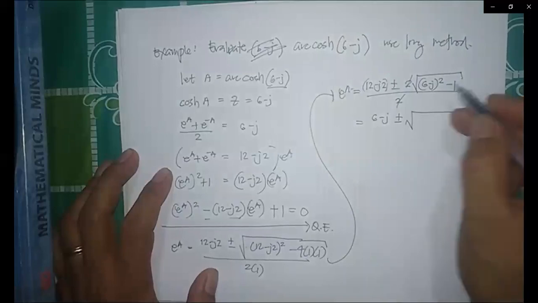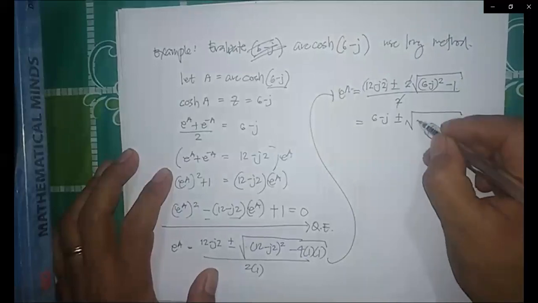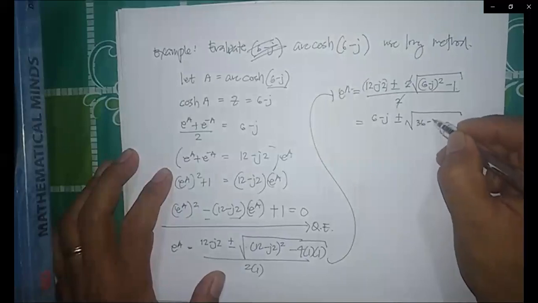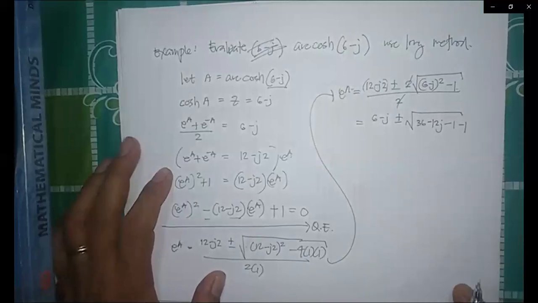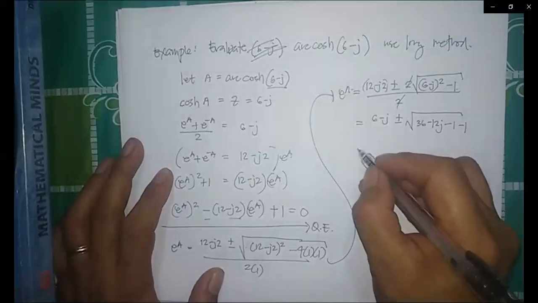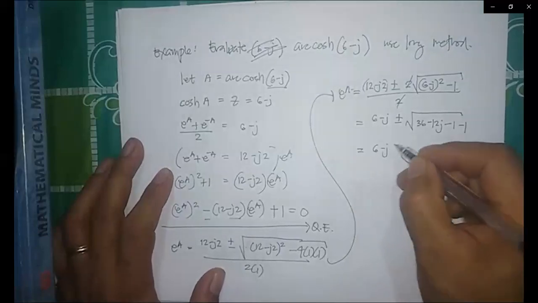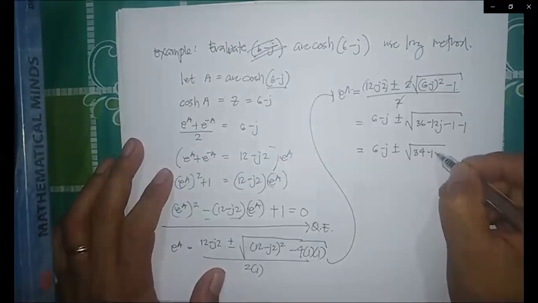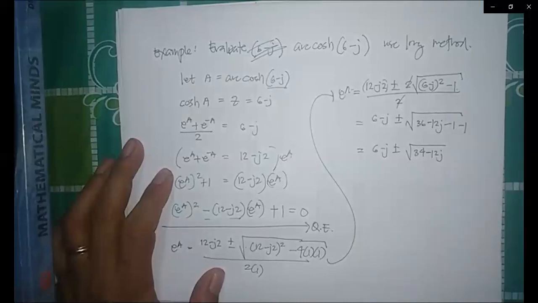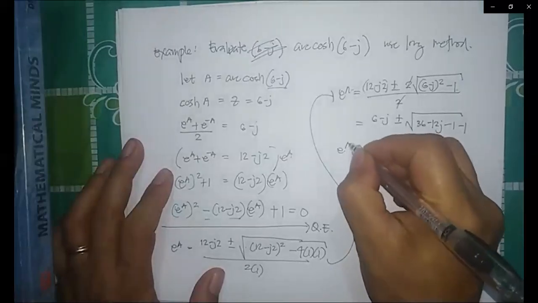Okay, we will expand this binomial. So this will become 36 minus 12j, minus 1, minus 1. Okay. So this will be equal to 6 minus j. Now we will combine like terms. So that will become 34 minus j12. That is the value of e raised to a.